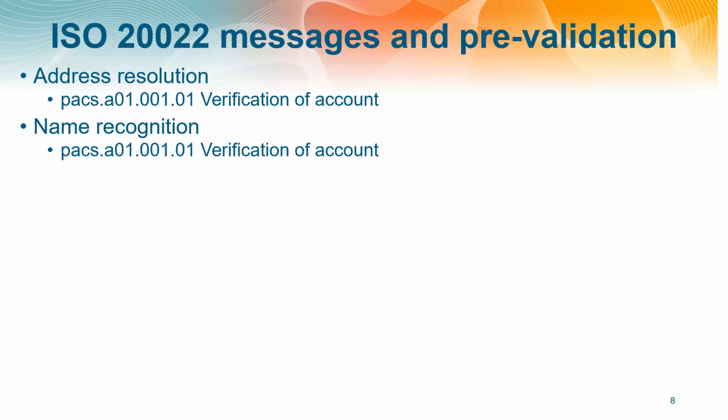Name recognition is part of the same thing, because the response to a request can also include name recognition, can also include the currency of the account, and an indicator to say whether the account can be paid in the proposed currency, if the proposed currency is specified by the sender. So both of those are covered by that one message, PAX A01.